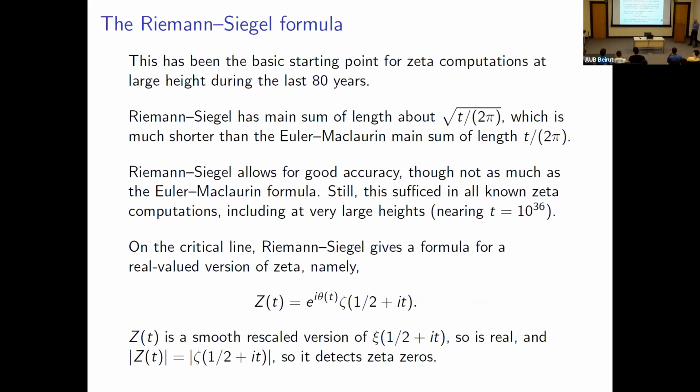Right, so now I come to the next method, which is the Riemann-Siegel formula. This came starting around the 1930s. Siegel discovered this formula in notes by Riemann. And I believe Titchmarsh, who wrote a standard reference on the zeta function, was the first one to apply that formula.